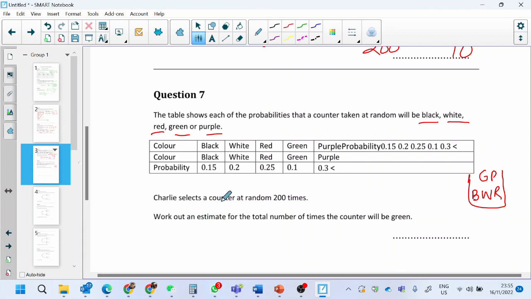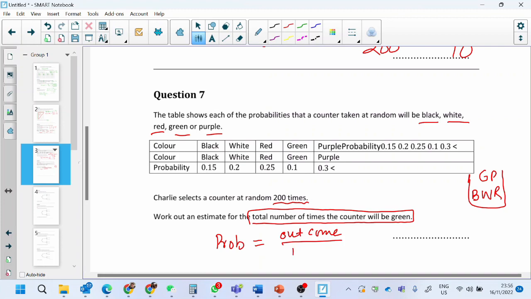Charlie selects a counter at random 200 times. Work out an estimate for the total number of times a counter will be green. Probability is equal to outcome divided by the total number of trials. Here the probability and the trials are given, and we have to find the outcome.